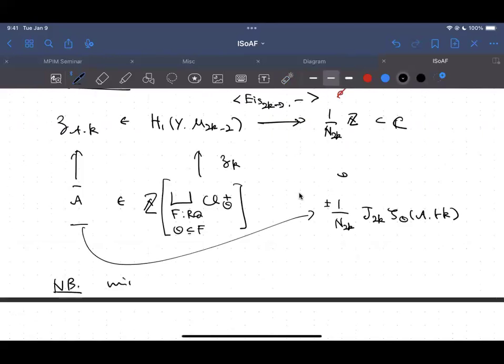So the minimality of this Duke's upper bound is equivalent to the composite of this map, which we denote by pi, being surjective.